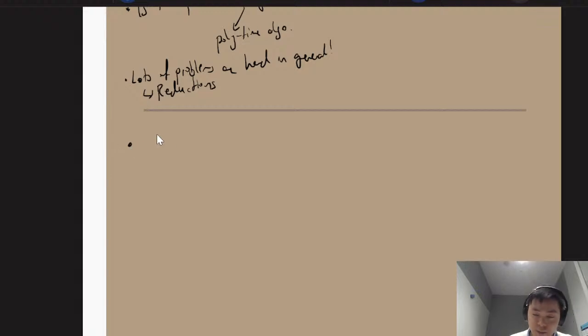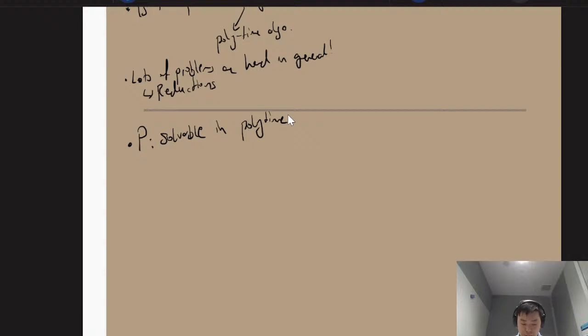The first complexity class that you'll come across is P. In other words, the class P is the set of all problems which we can solve in polynomial time.